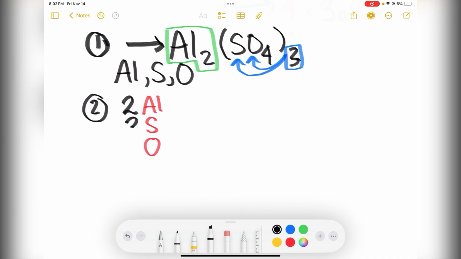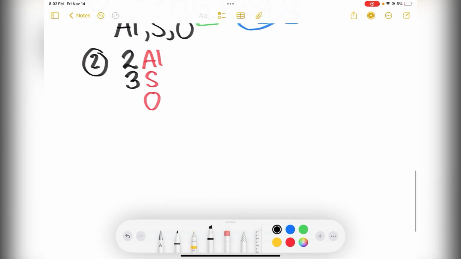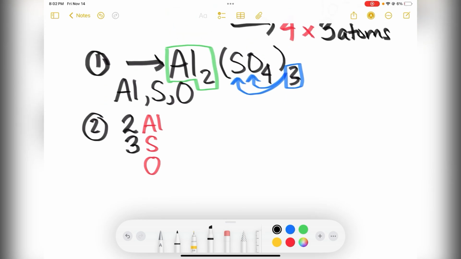So then we have 3S. Now we have 4 oxygen. But we're going to go ahead and multiply that by 3, so we have 12 oxygen. Boy, that's a lot of oxygen. Then we're going to add them up together.